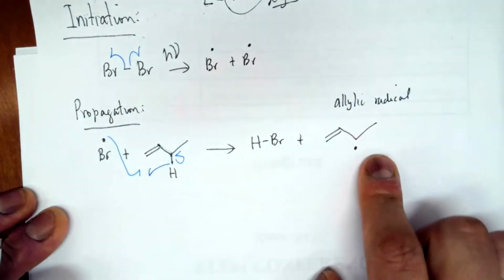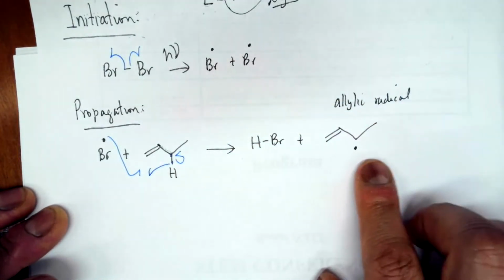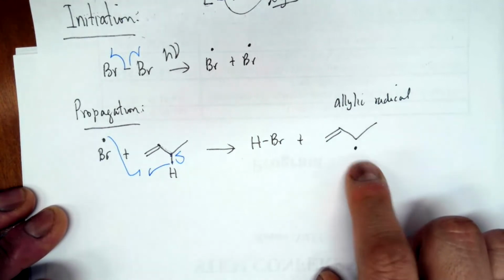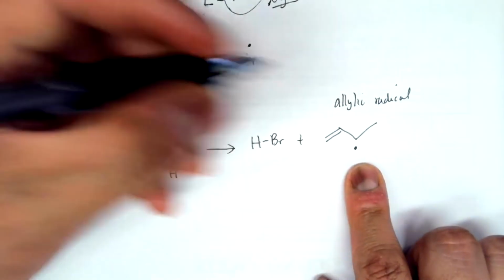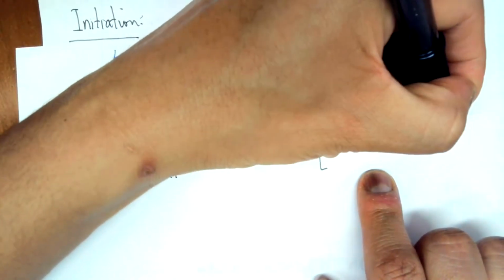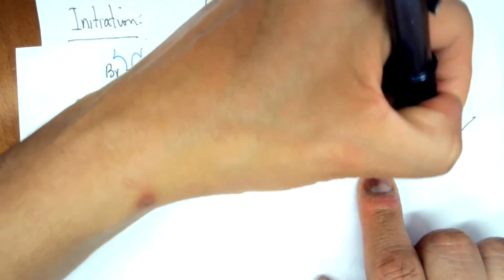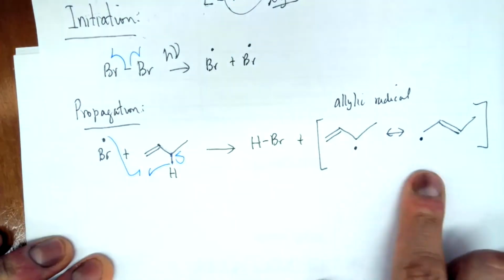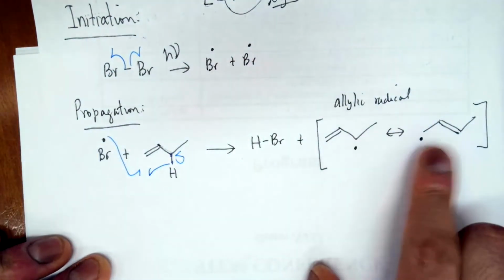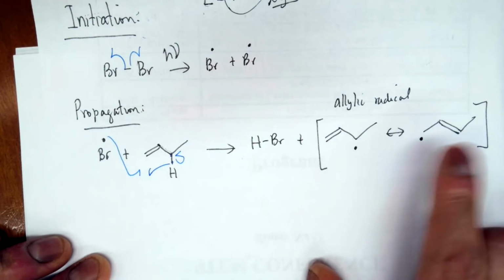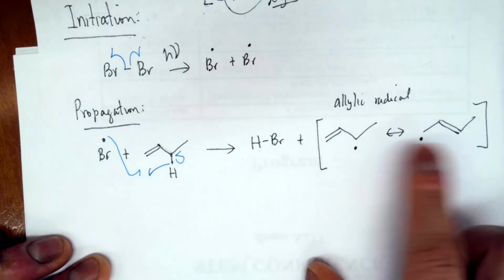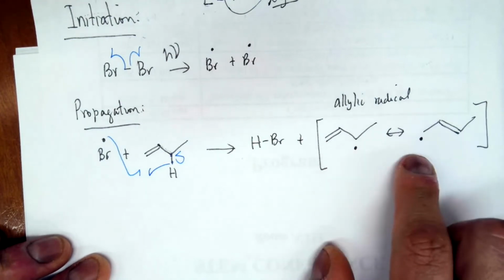Now, this allylic radical can go through two paths, because it can get resonance stabilized between these two. So technically, I can get two products, one secondary and one primary.